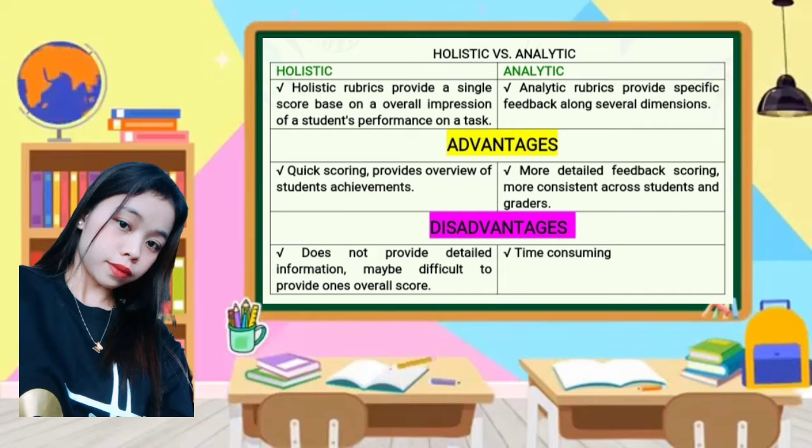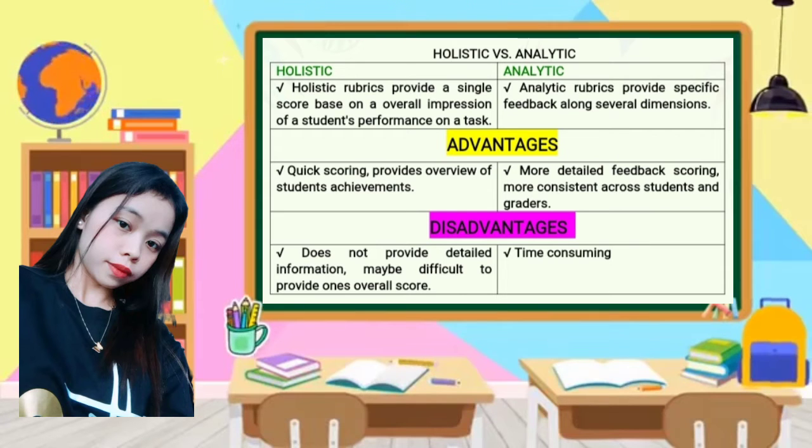So the advantage of holistic is quick scoring and it provides an overview of students' achievements, while the analytic advantage is more detailed feedback and scoring, more consistent across students and graders. The holistic disadvantage is that it does not provide detailed information, and it may be difficult to provide one overall score. And the disadvantage of analytic is that it is time consuming.